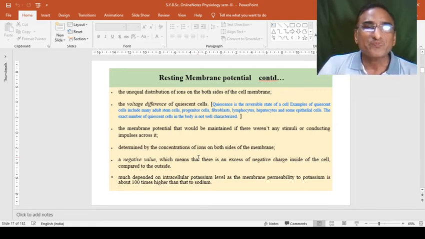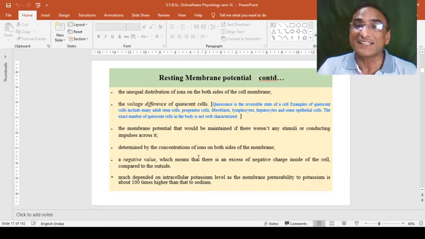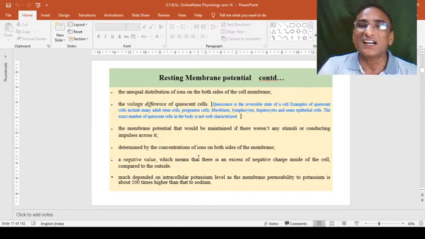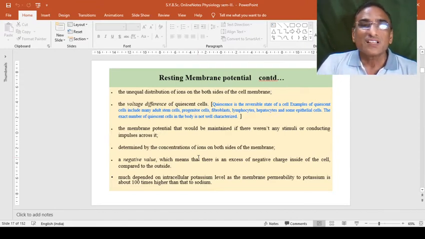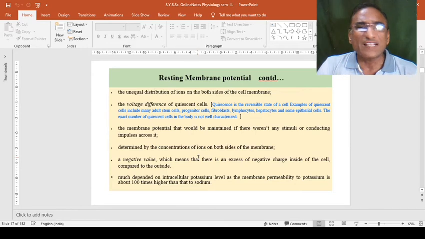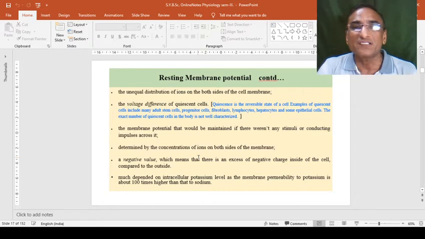Examples include stem cells, progenitor cells, fibroblast cells, lymphocytes, hepatocytes in the liver, and some epithelial cells, because these maintain their resting membrane potential as per the availability of the ions and the voltage difference in the cells. The exact number of quiescent cells in the body is not well characterized, but especially in nerve cells, this is maintained by positive and negative ions. Generally, we call them cations and anions.